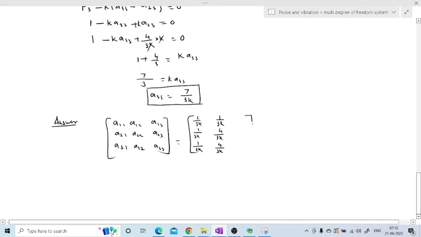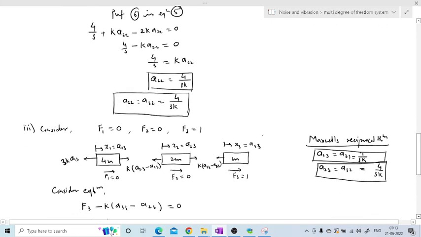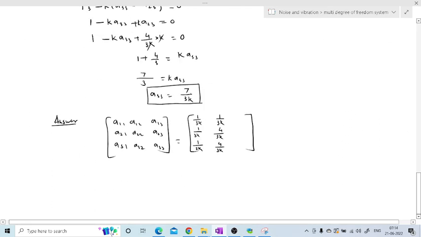And for the last, A13 is 1 by 3k, A23 is 4 by 3k, so 1 by 3k, 4 by 3k, and the last value here just see 7 by 3k. This is your answer. This is the influence coefficient matrix. Thank you.